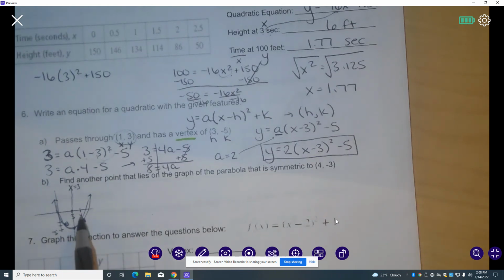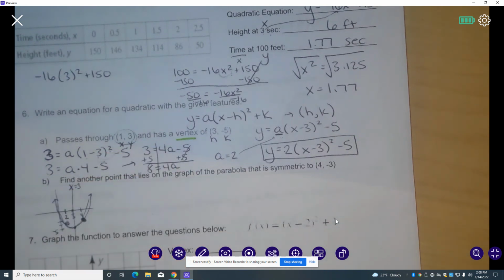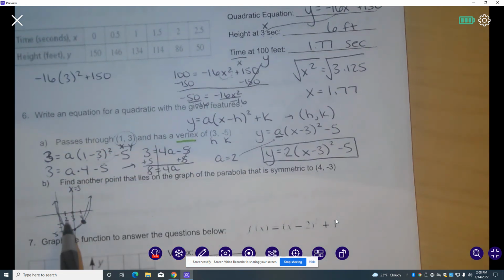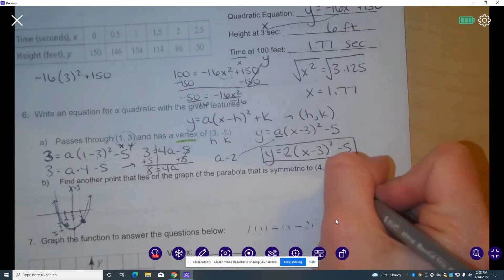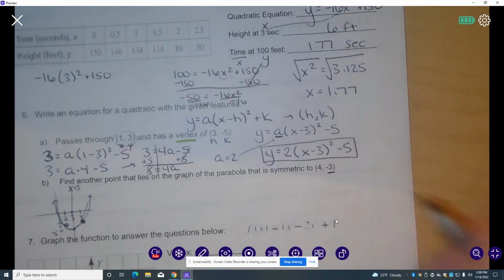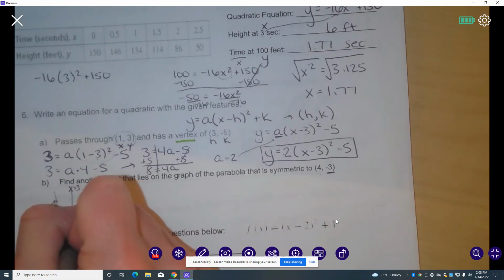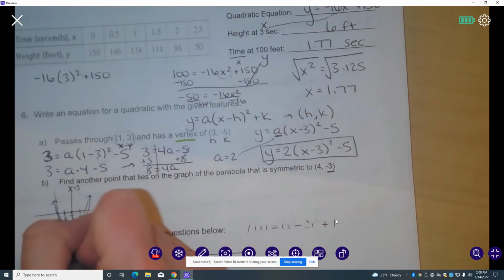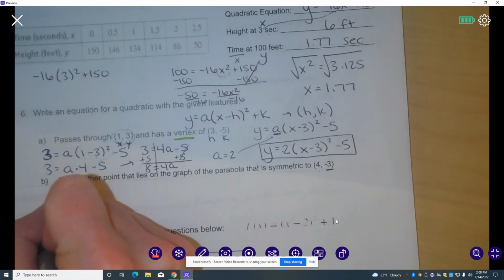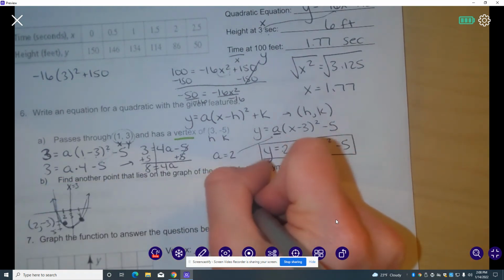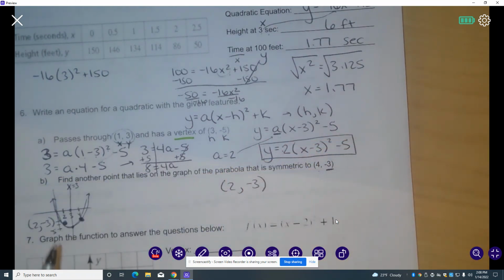So 4 is 1 unit away from 3, and the point over on the left that will be symmetric will also be 1 unit away from 3. That will be at 2. And 2 will have the same y value as the x value of 4. So this point that's also on the parabola will be (2, negative 3). They were looking for us to use the parabola and that axis of symmetry to find that matching point on the other side.